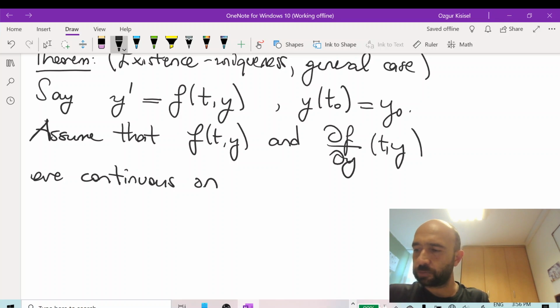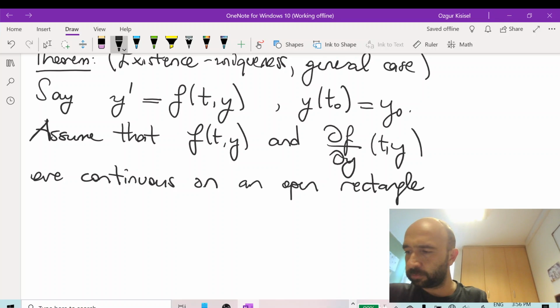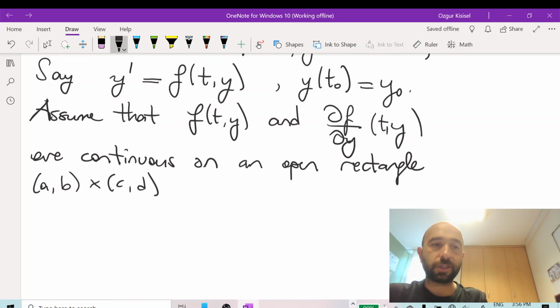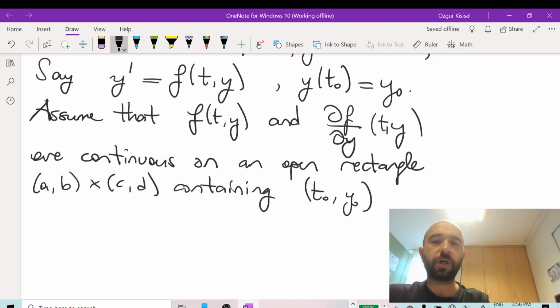And the simplest that comes to mind is an open rectangle (a, b) cross (c, d) that contains the initial point (t0, y0).